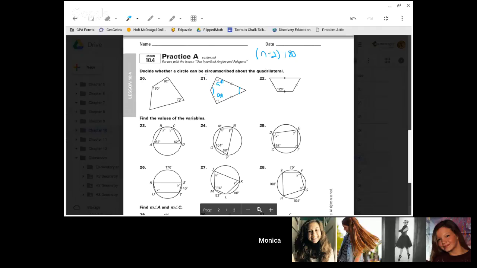And in order to be able to circumscribe a circle, which means draw a circle around it, where all of the vertices touch the circle, our opposite angles have to be supplementary. Well, we know that these two are supplementary, right?